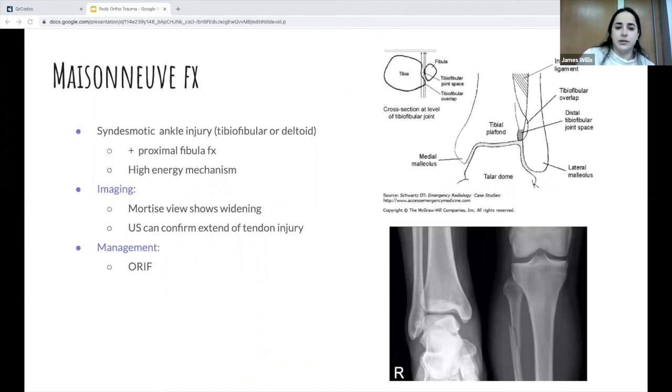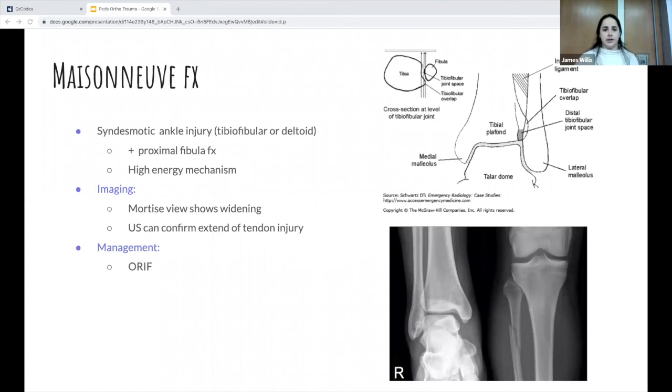And the overlap of the tibia and fibula should be more than 1 on a normal mortise view. I feel like the easiest to use to diagnose these fractures is this one right here. Once you see a wide opening here, you have to suspect that you might have a positive mortise view.